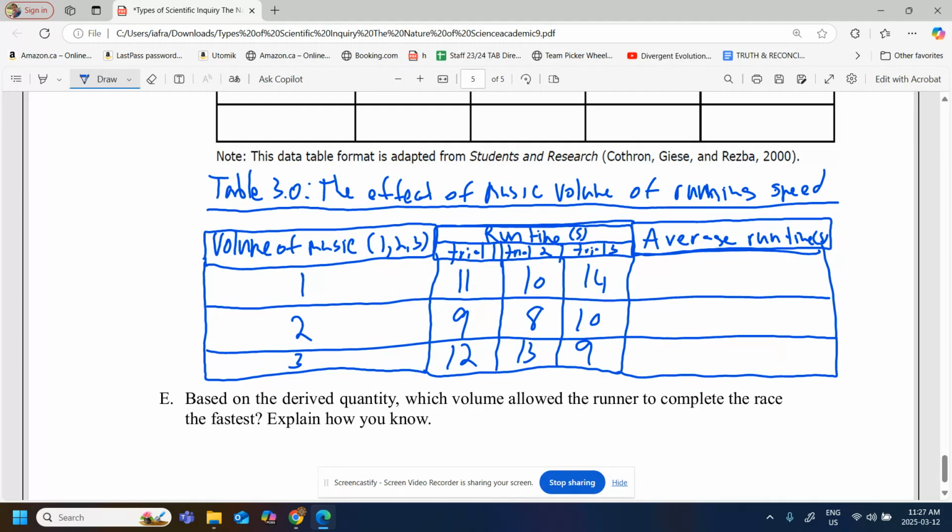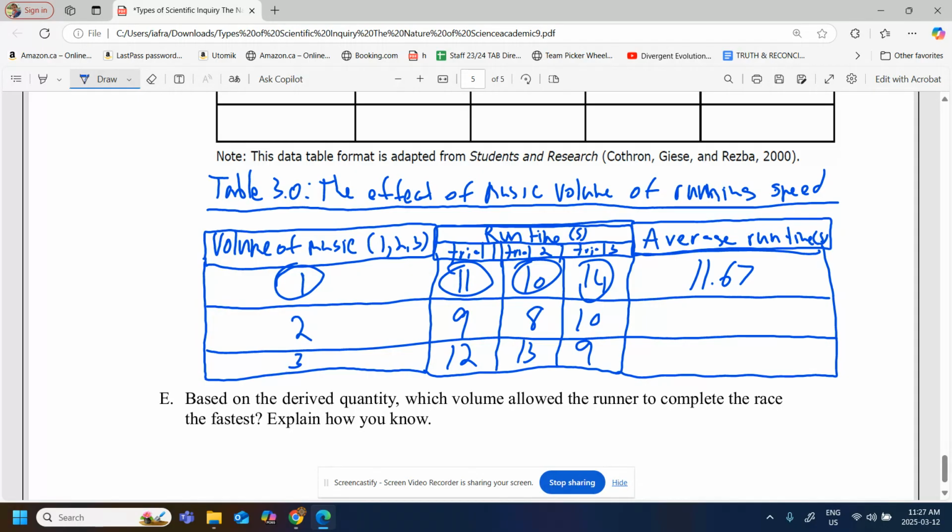So remember, the average is just, for volume 1, the average run time, you add the trials together. You can have a calculator, you can do it in your head if you'd like. But you'd have basically your 11 plus 10 plus 14. You divide that by 3 because there's 3 trials. So you get about, and I'm going to leave 2 decimal places, 11.67 seconds.